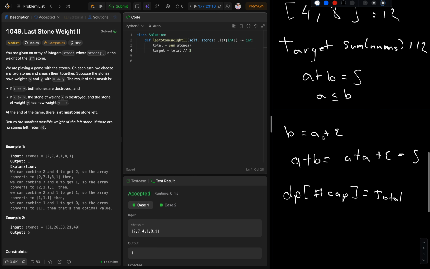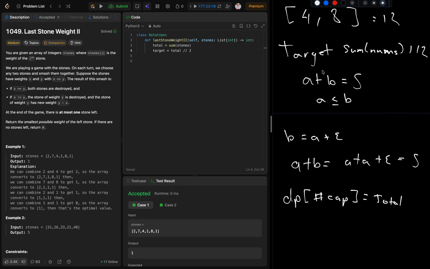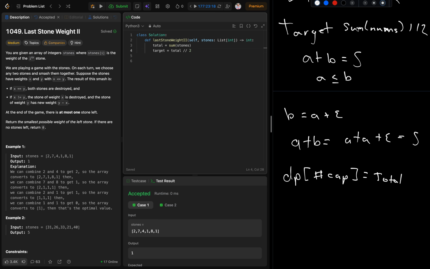So what that's saying is, if our max capacity is our bag or our sack, what is the amount of stones in terms of weight that we can carry? And that's basically our a. So yeah, our DP equals 0.